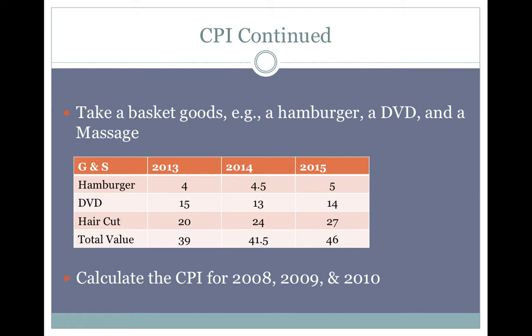Now when we look at the next year, 2014, we can see that a hamburger has gotten a little bit more expensive, DVDs actually got cheaper, and haircuts got more expensive. Now, did everything get more expensive? Well, no, it didn't. Some things got cheaper. So that's why inflation refers to a general rise in prices. Generally, things have gotten more expensive.